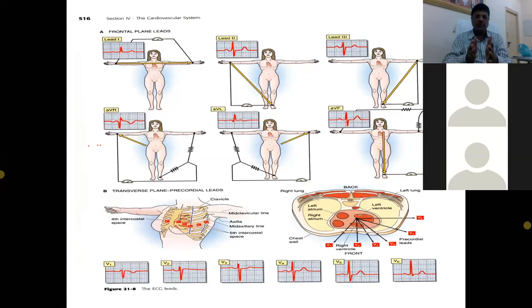You come to V3 and V4, it's almost the same: R wave, S wave, both are almost the same. You move away to V5, V6, you see that the R wave is very big. S wave is there, but it is smaller than the R wave because the position of the lead is different. The movement of the mean cardiac axis is different. The area of the electrical activity of the heart from which it is being recorded mainly is different.